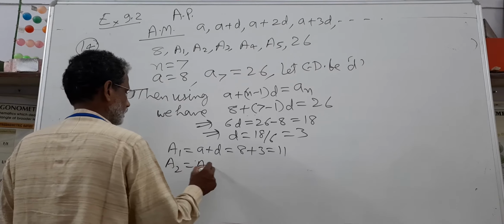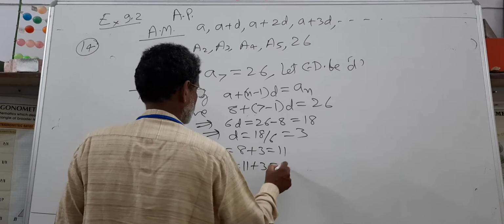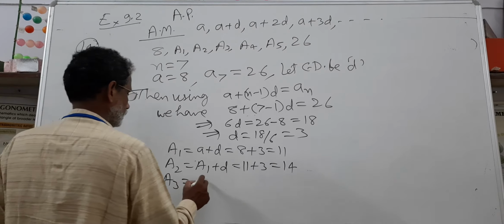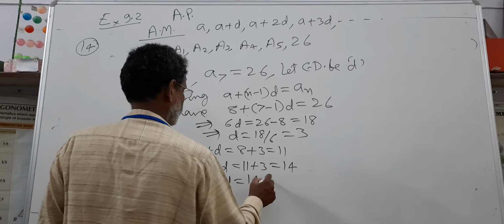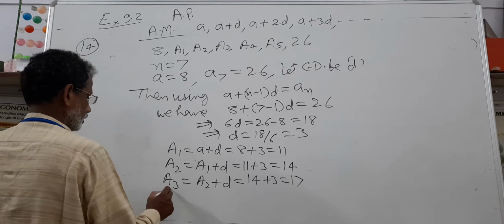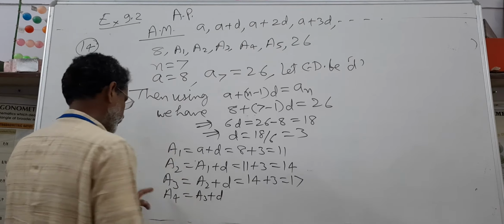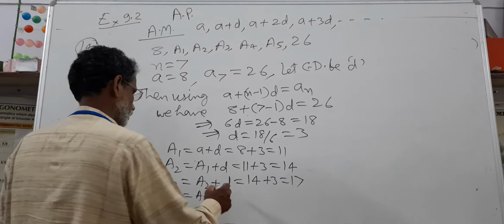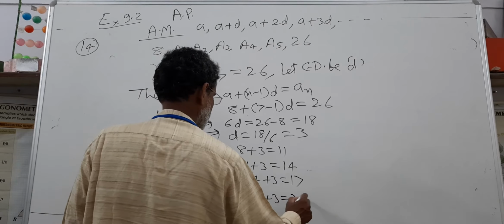A2 is equal to A1 plus D is equal to 11 plus 3 is equal to 14. A3 is equal to A2 plus D is equal to 14 plus 3 is equal to 17. A4 is equal to A3 plus D. Next is equal to previous plus common difference, is equal to 17 plus 3 is equal to 20.